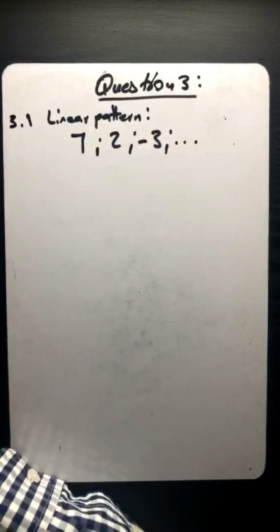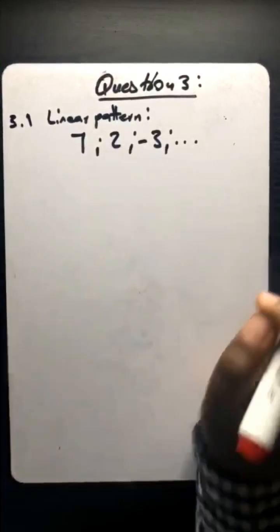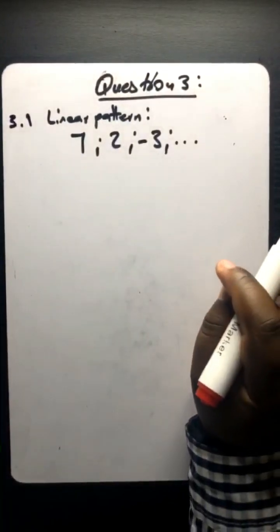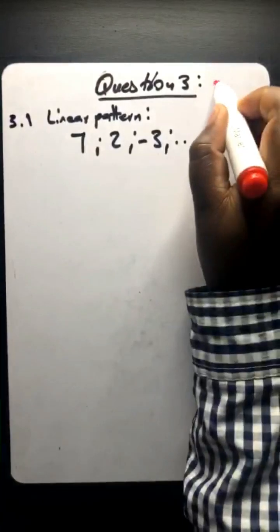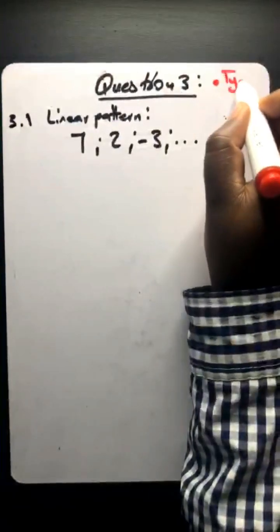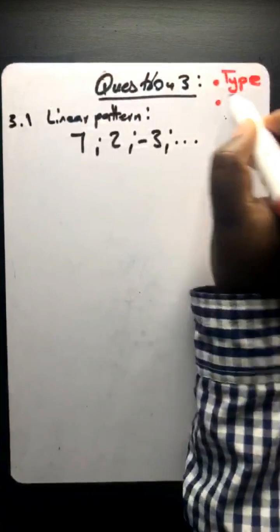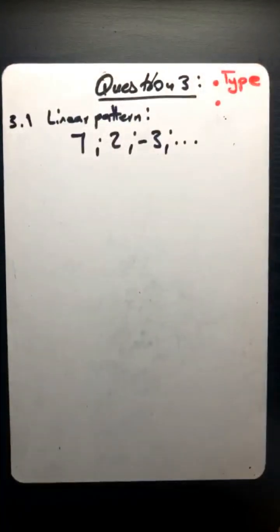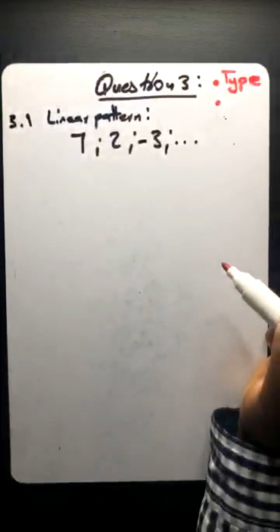So let's see. This is what you do under this chapter of number patterns. The first question that you should ask yourself is the type. What type of number pattern is that? Things might happen. What are those things? They might not specify the type of number pattern. In that case, you need to find out what type of pattern it is.